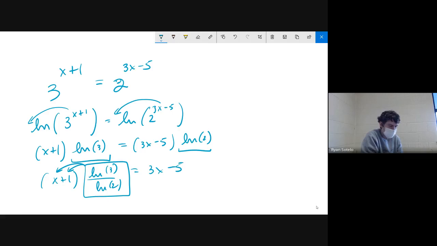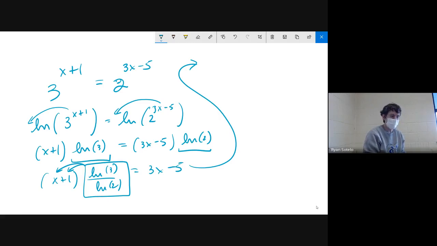This one's kind of a harder one than I anticipated, but we'll do it anyway. This is not the easiest one I could have started with. I'm going to call this number here, natural log of 3 divided by natural log of 2. I mean, you can compute it right now. Natural log of 3 divided by natural log of 2 is about 1.585. So it's a number. It just looks a little nasty. So I'm going to rewrite this whole expression, and I'm going to plug in later what natural log of 3 over natural log of 2 is.